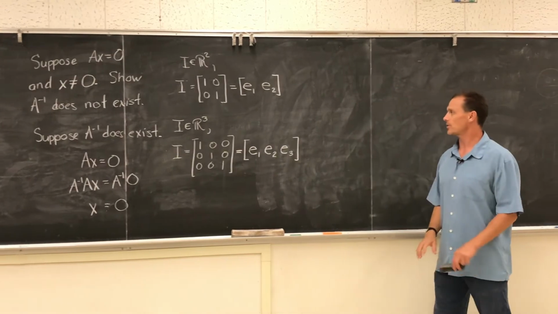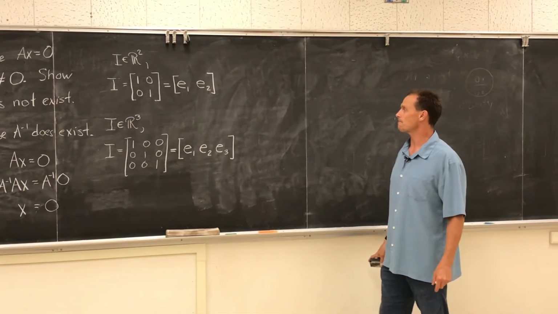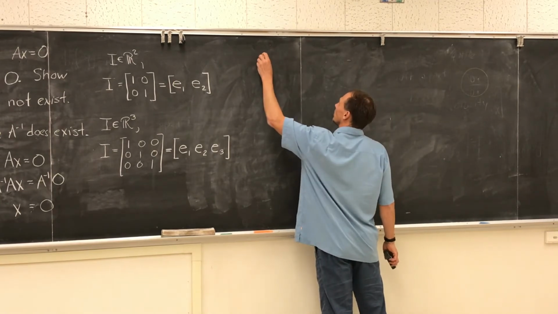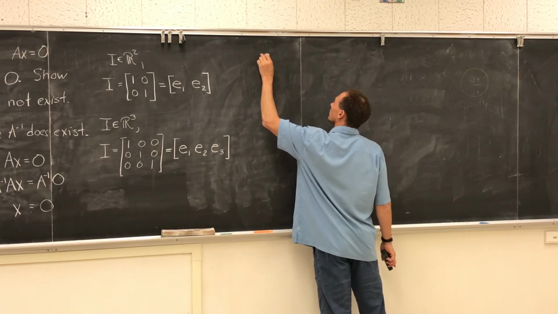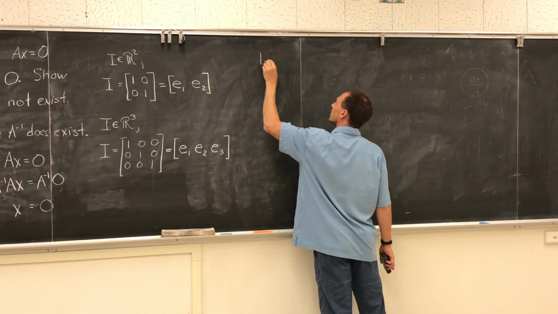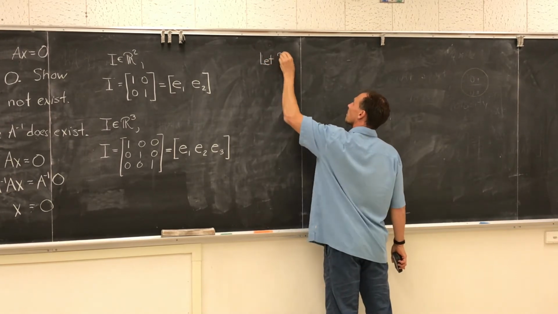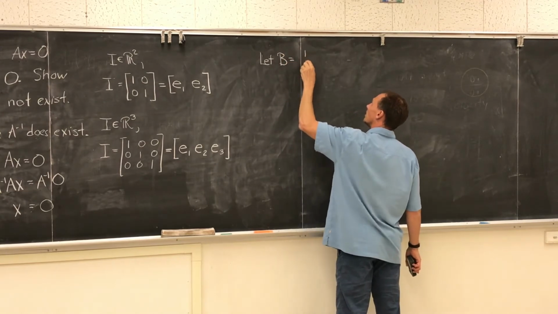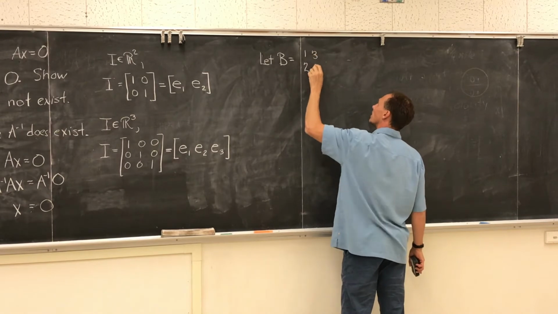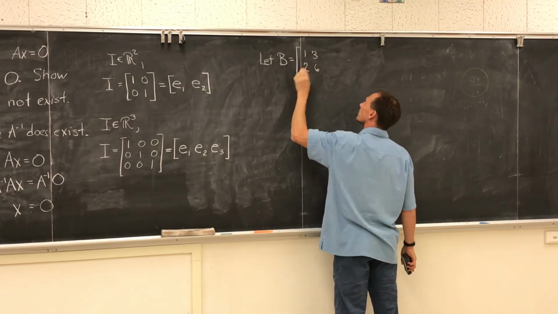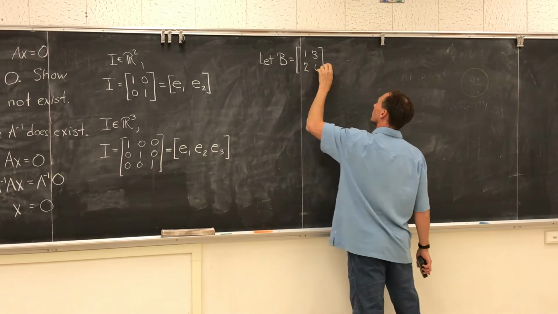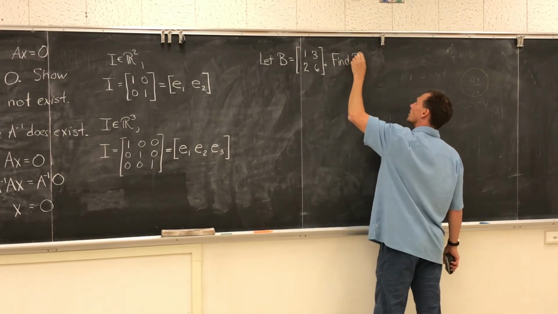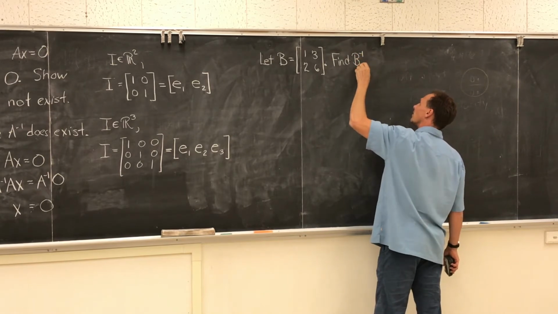Now, let's try this. Let B equal 1, 2, 3, 6. Find B inverse.